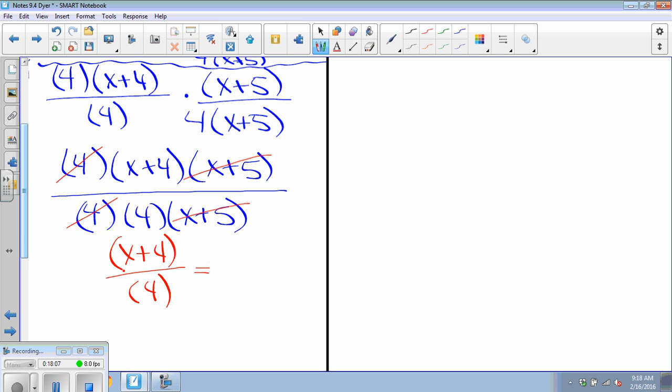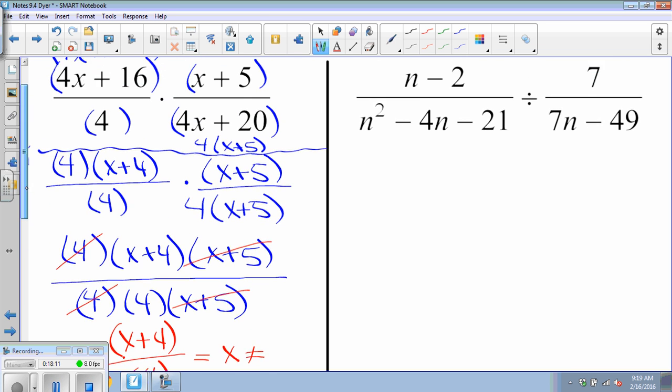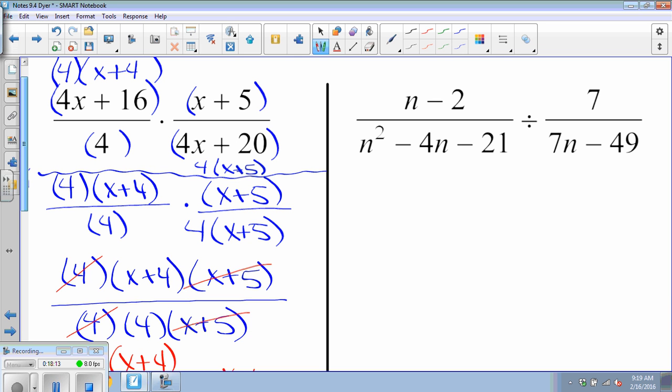However, I need to state what x cannot be, if anything. So when you look at the first step, when I look down here, 4x plus 20, what would make it be 0? Well, if you don't know that right offhand, set it equal to 0 and solve for x. 4x plus 20 equals 0.